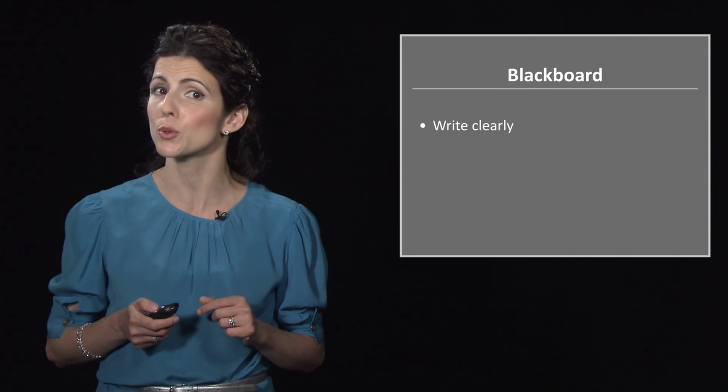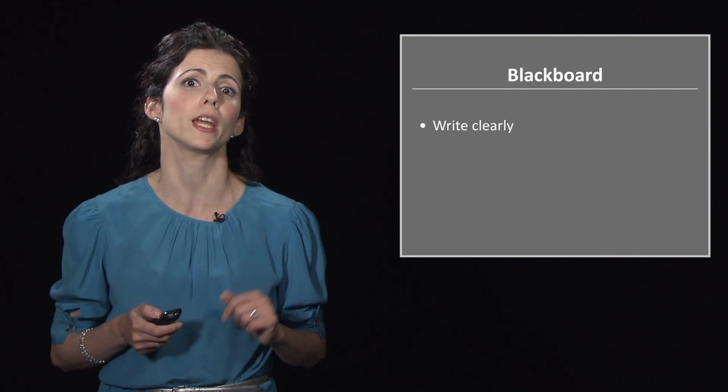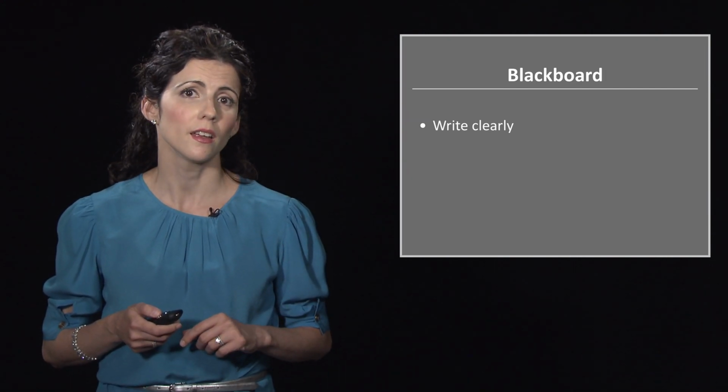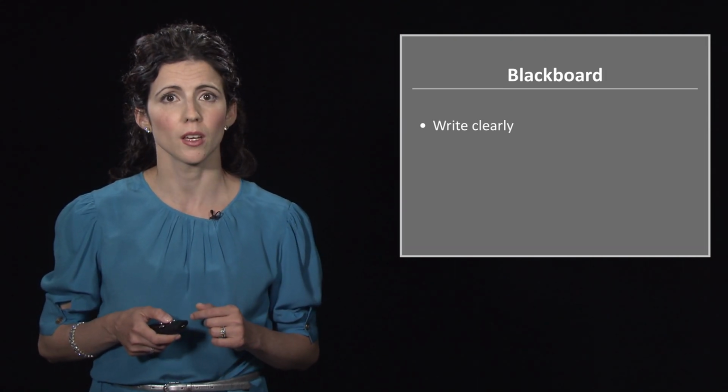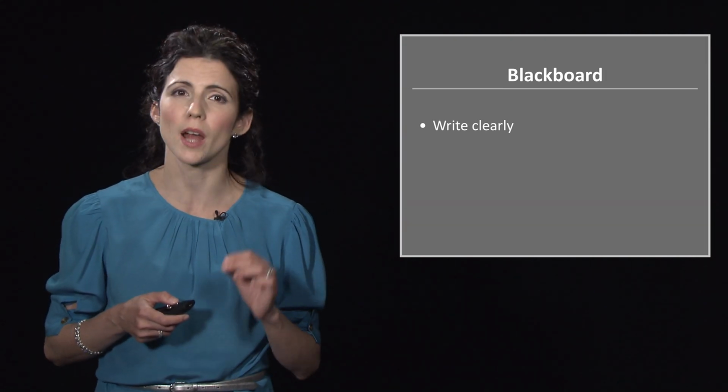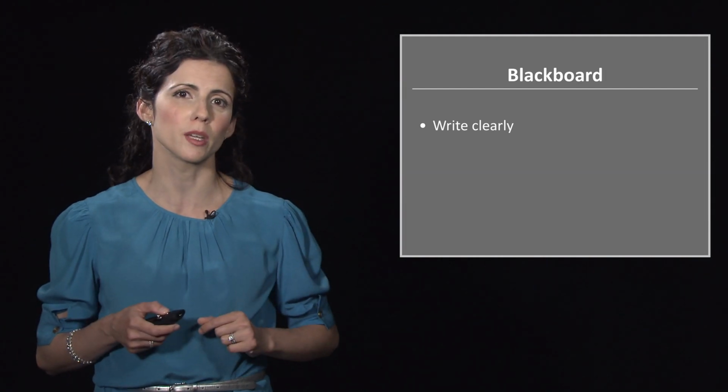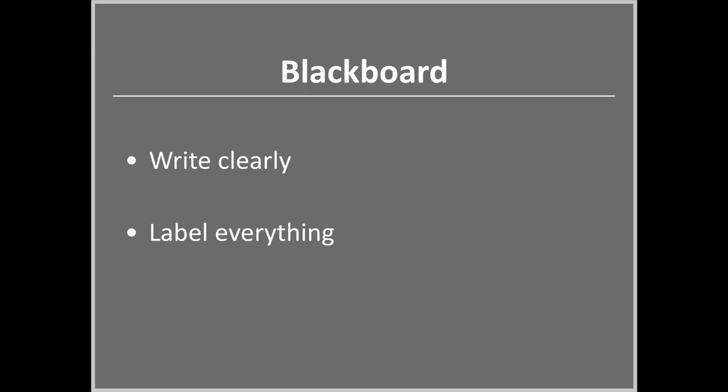Remember that students probably do not know the information being presented, and they're likely to be seeing it for the first time. Providing time to write and think about the information being presented is key. When drawing figures, make sure you label everything clearly, including the X and Y axis in figures and corresponding units of measurement.